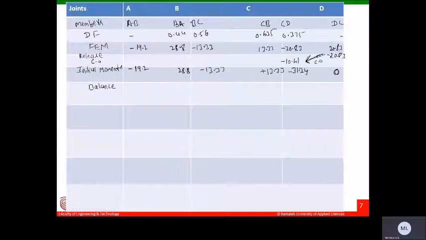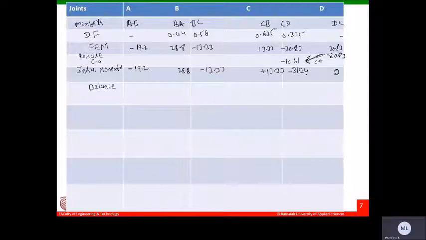Okay, now let us add this one. What is that? 28.8. So let us add those two values. 28.8 minus 13.33. So how much will you get? You will get 15.47.